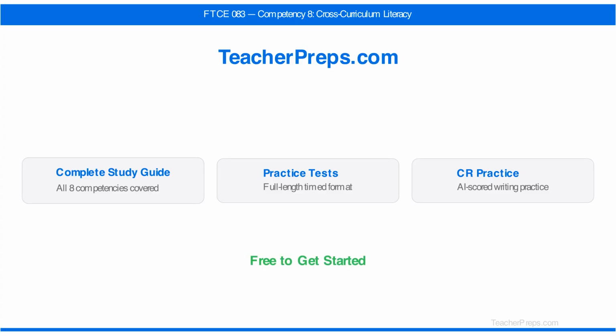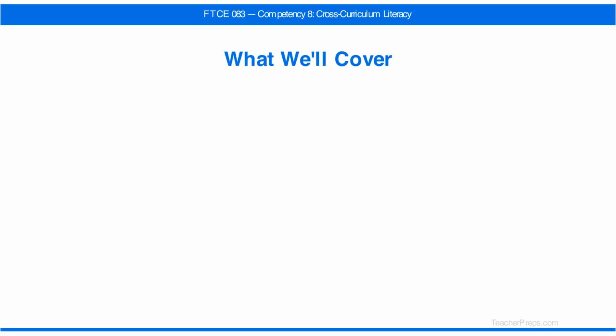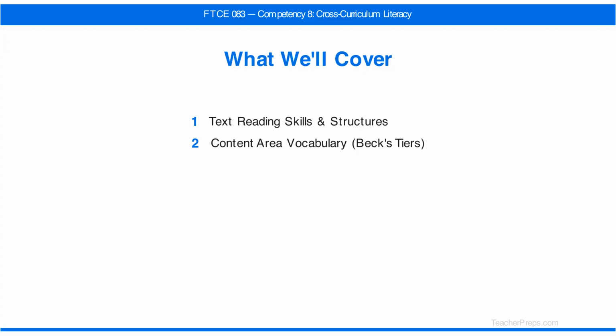Grab your pen and paper. Here's what we'll cover in Competency 8. First, text reading skills, including the 5 major text structures and before, during, after reading strategies. Second, content area vocabulary, including Beck's 3 tiers, the Marzano 6-step vocabulary process, the Freyer model, morphology instruction, and cognate instruction for English language learners.